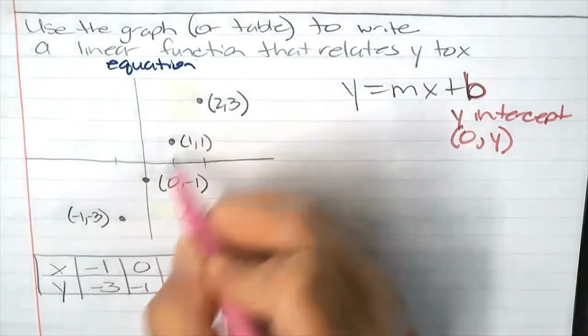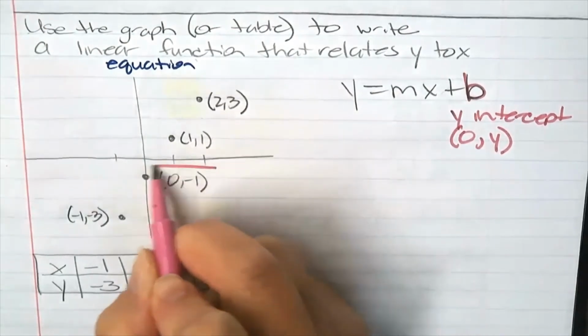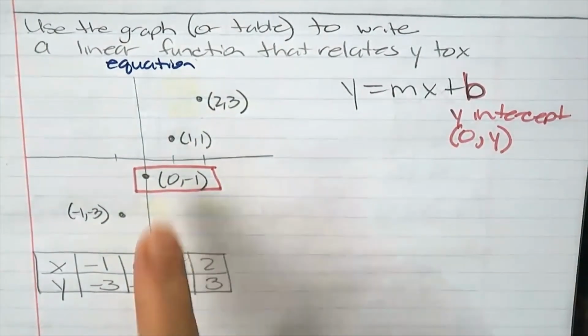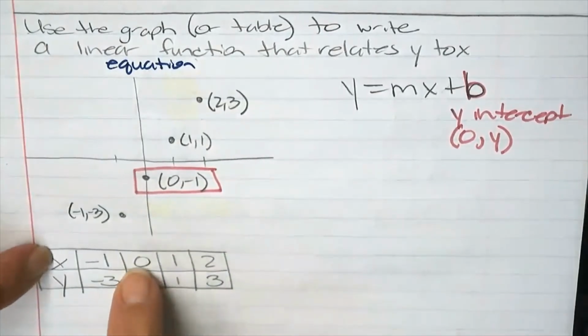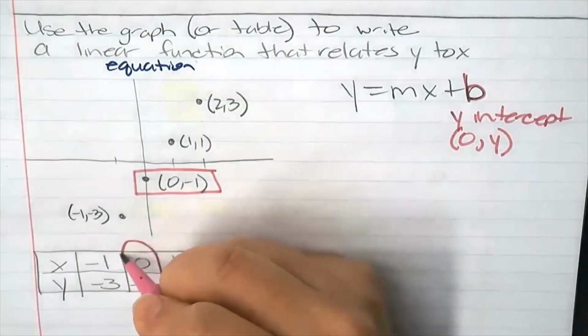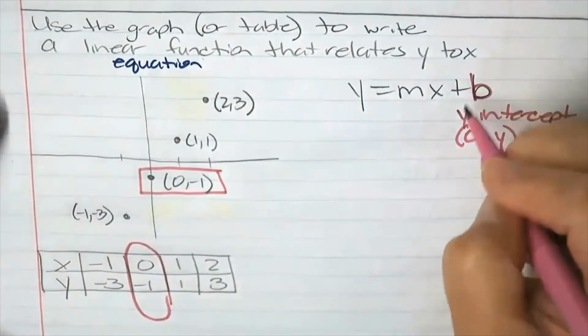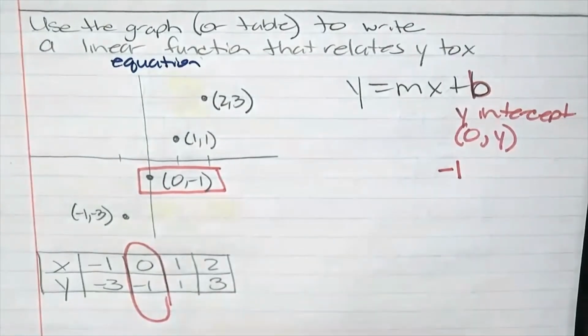This is where it crosses my y-axis. Or take a look at the table. When x is 0, what is y? -1. So I can put in -1. That's my y-intercept.